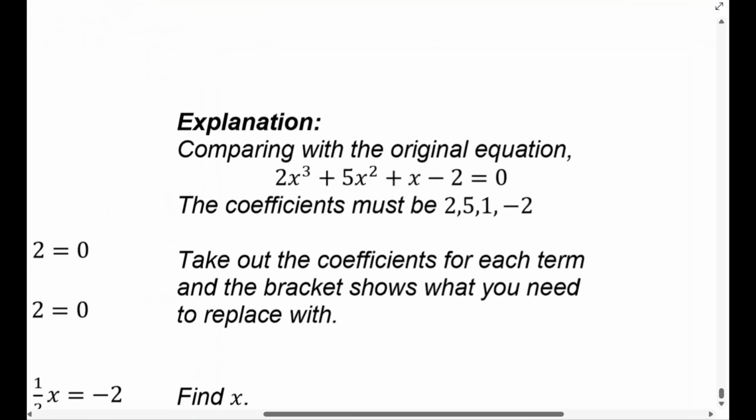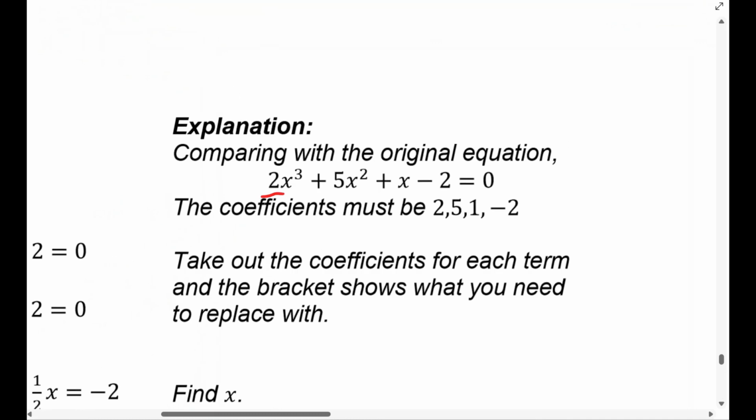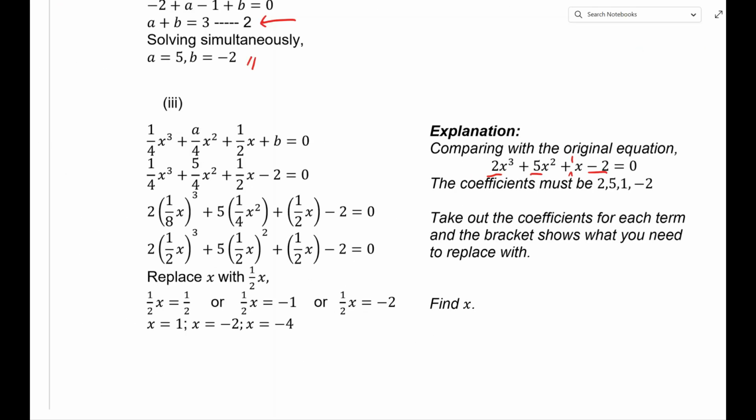So in the original equation, the coefficients are 2, 5, 1, and our constant is minus 2. After subbing in our values of a and b from part 1 into our equation, we will get this. And what do we do now? We'll factorize out the coefficients from our original equation, so our 2, 5, 1, and minus 2, because what is left in the bracket will tell us what we need to replace x with.